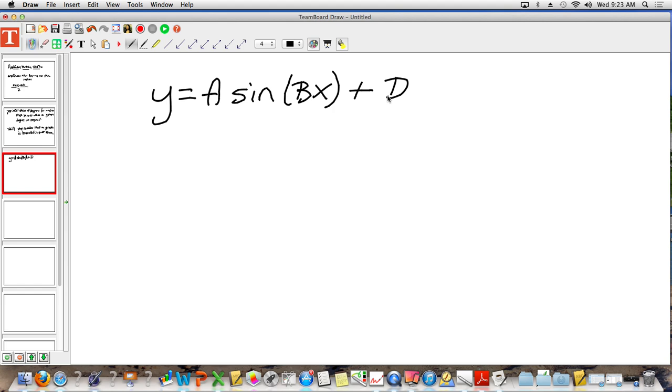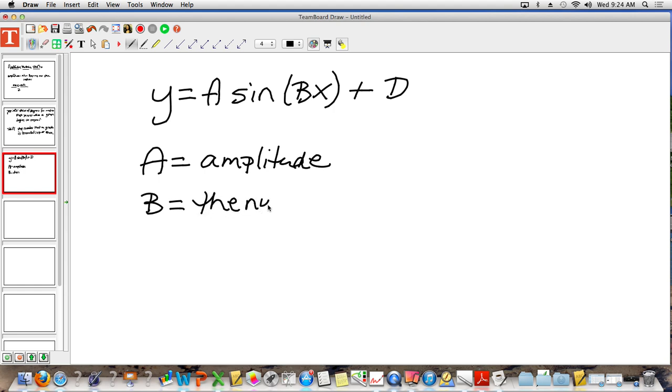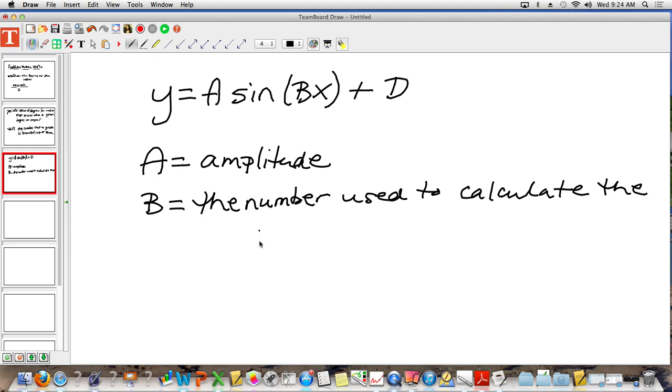Vertical shift. And then, okay, let's start writing this. What is A? It's amplitude, and no, it's not A because amplitude starts with A. It just so happens that this generic equation usually contains letter A, and amplitude happens to start with letter A. What is B? The period. It's not the period. Well, the thing that goes with period. It is the number used to calculate the period.